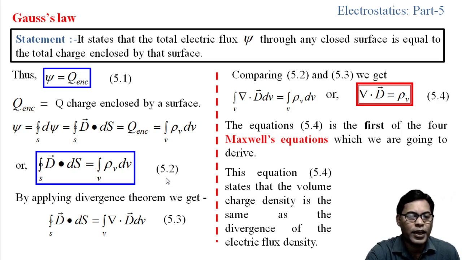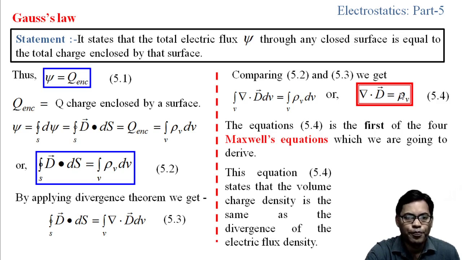Comparing these two equations, 5.2 and 5.3, we can write that the volume integral of del dot D dv equals the volume integral of rho v dv, and from that we get del dot D equals rho v, equation 5.4. This equation 5.4 is the first of the four Maxwell's equations which we are going to derive, and this is the first one which we have derived.